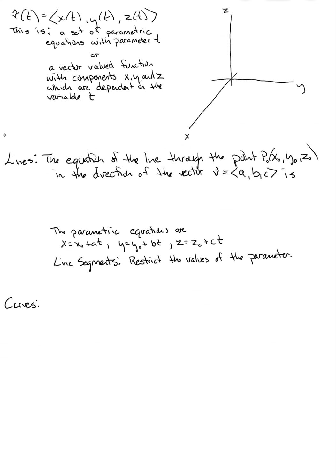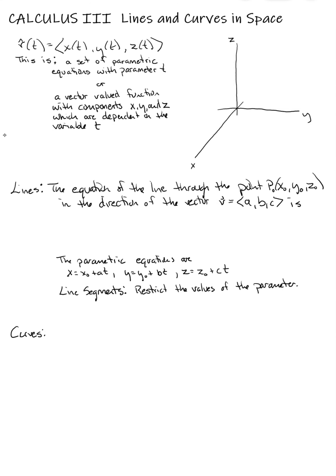Well, the way we write the equation of a line in 3 space is r is equal to r naught plus t v. And this is for the vector r naught being the vector x naught, y naught, z naught for the components. Notice P naught is a point, but r naught is the vector.